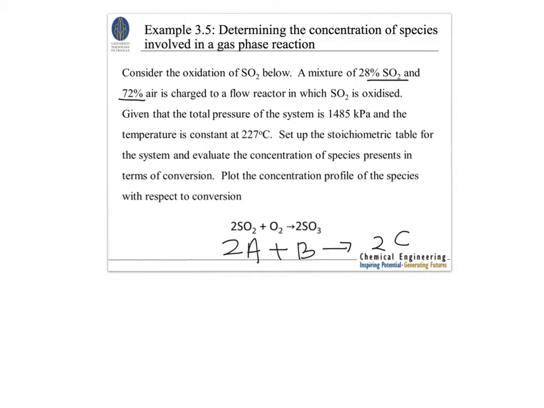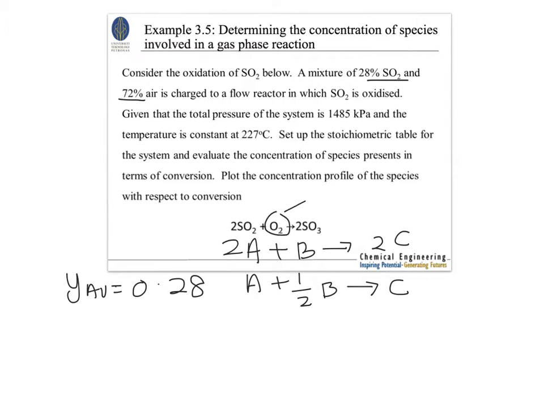Taking A as the basis, you divide by the stoichiometric coefficient, so you have A plus 1/2 B producing C. Given a mixture of 28% SO2, your YA0 is equal to 0.28. And for the oxygen, it says that 70% air is charged.